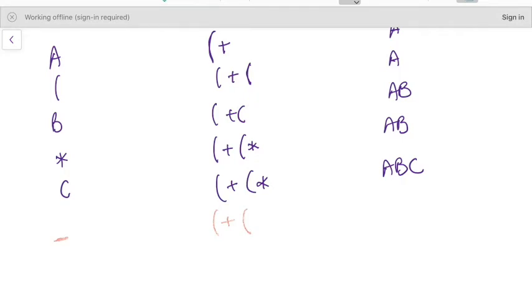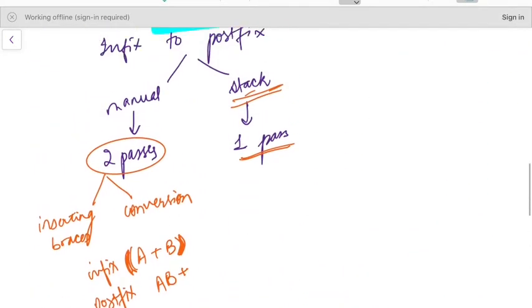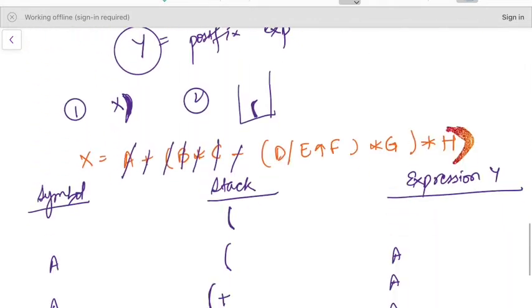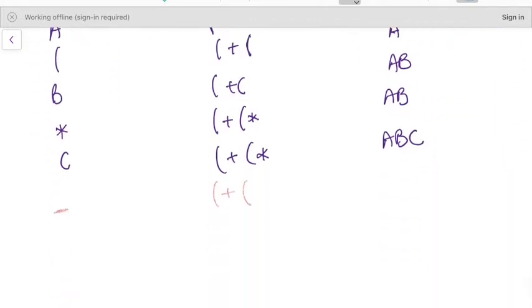Since minus has less priority than multiplication, minus can't sit on the multiply operator. So this operator would get popped out of the stack and would go into the expression. So minus will come here, and this multiplication operator would be placed here, right?